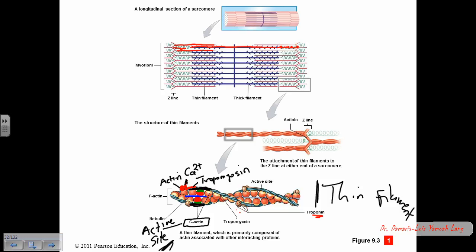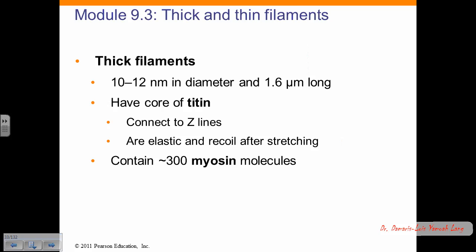So what is myosin made up of? We've already established what the thin filament is made up of. What is the thick filament made up of? The thick filament is made up of the core protein called titin and protein molecules called myosin.